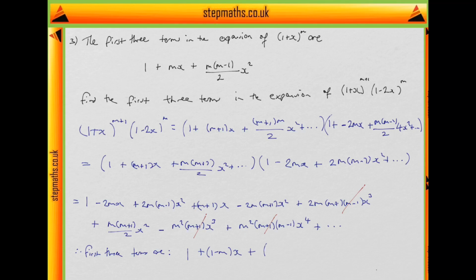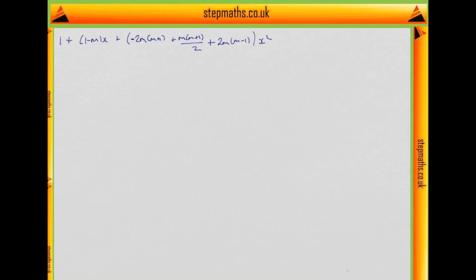We have a minus 2m times (m+1), so let's write that down, minus 2m(m+1), and then we get a (m+1)m/2, and then plus 2m(m-1) over here, all times x squared. Okay, so I've written this out over here, so let's carry on.